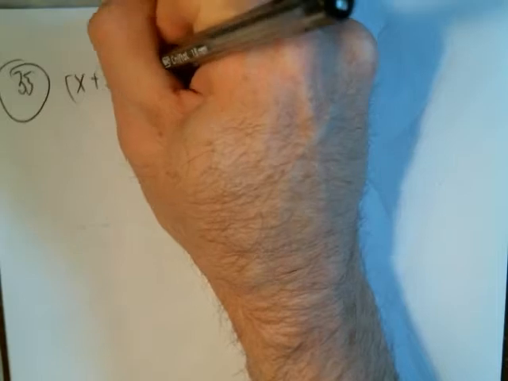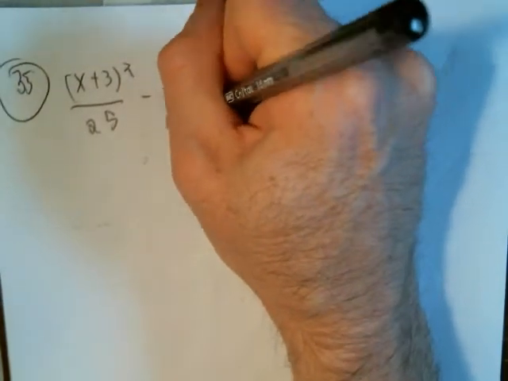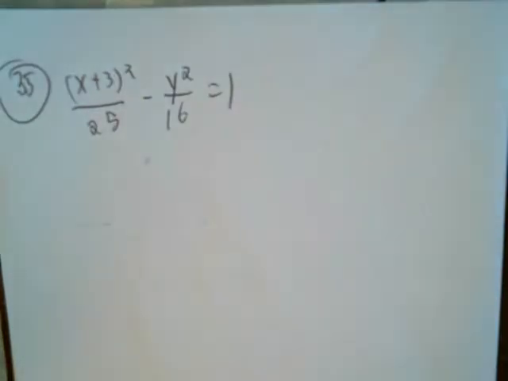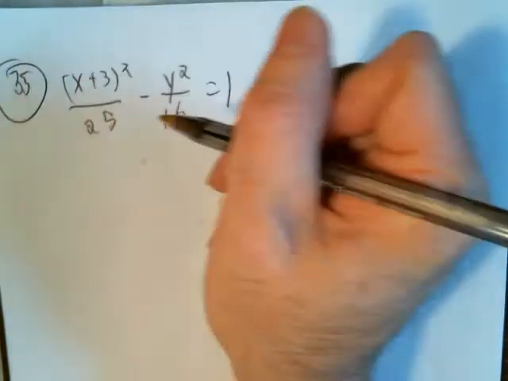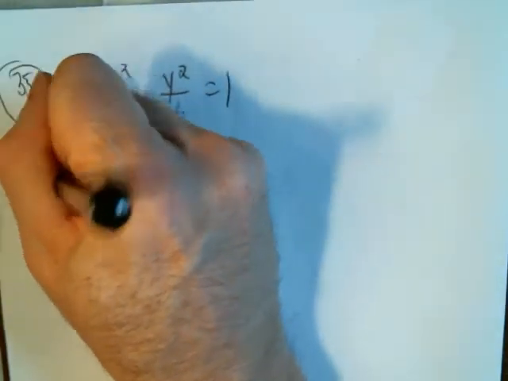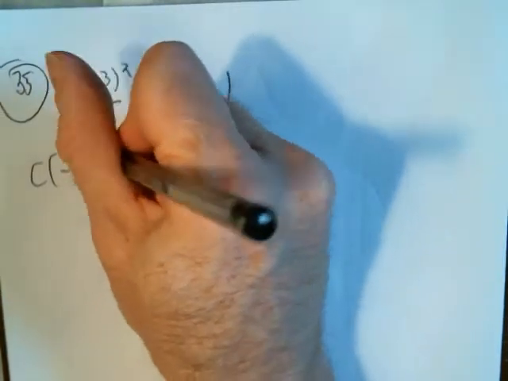Okay, so let's take a look. This is 35. So I have x plus 3 squared all over 25 minus y squared over 16 equals 1. So the center is negative 3 comma, and there's nothing here, so 0.